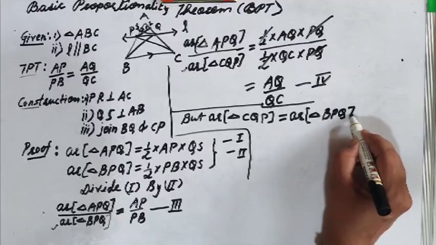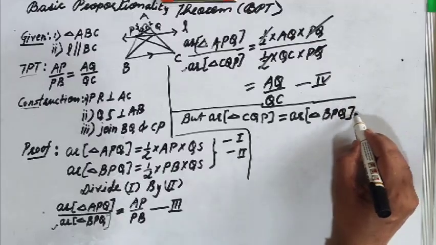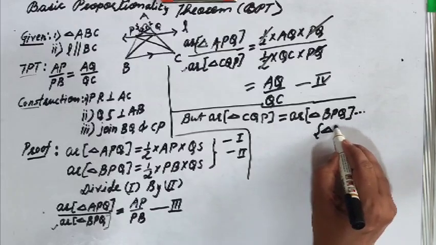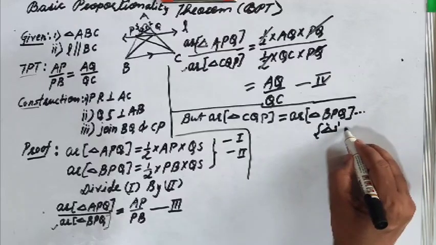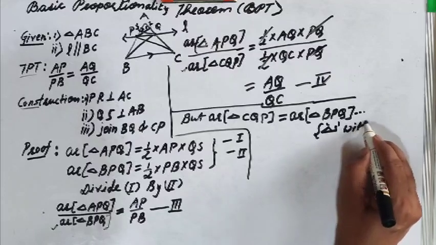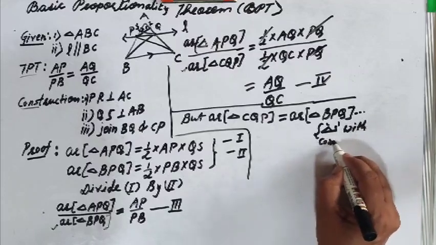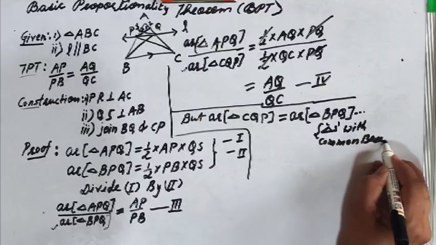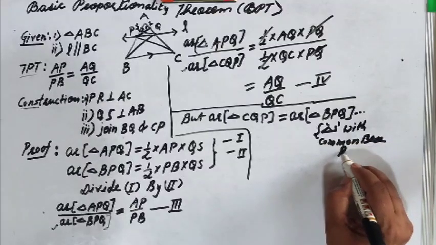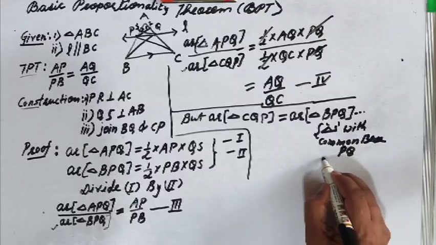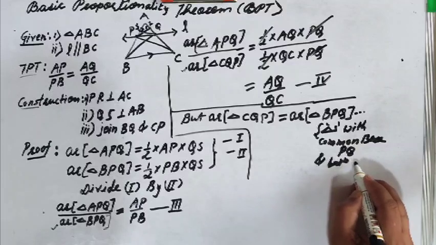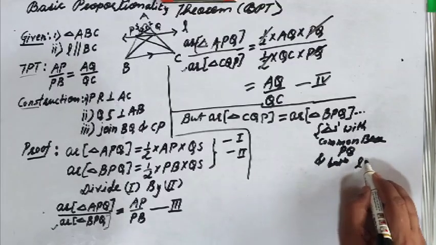Why are they equal? I told you, triangles with common base PQ and between parallel lines, L is parallel to BC.